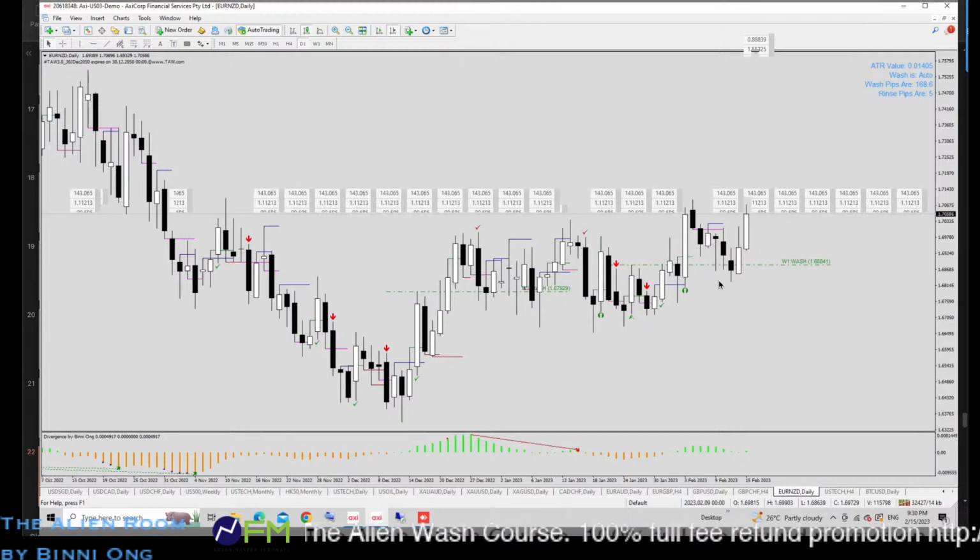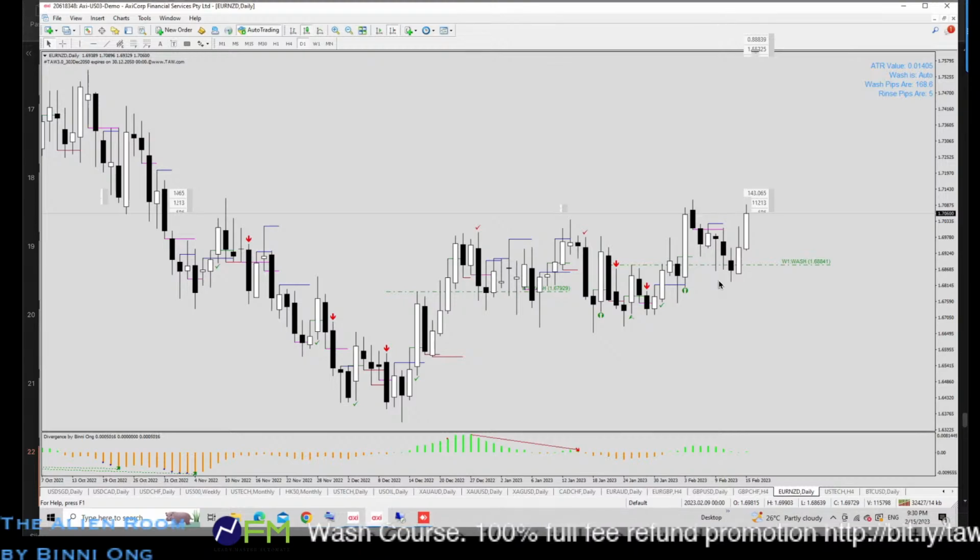When you go to the day, you realize that, oh yeah, price had a buy signal somewhere around here. Price was still above the week wash line, just above it, still in the bullish zone. Then what we do is cascade one time frame lower.